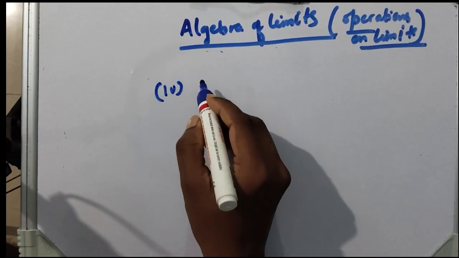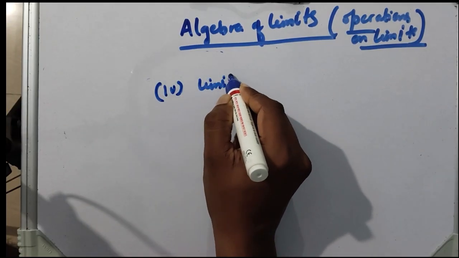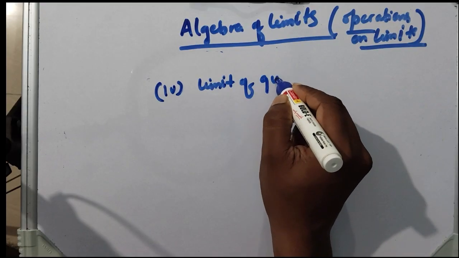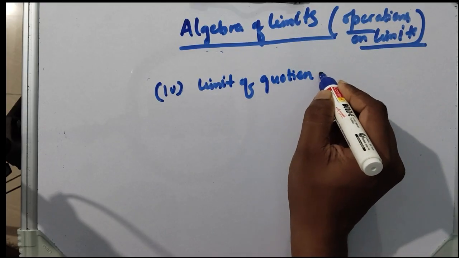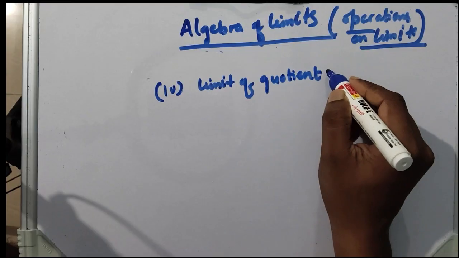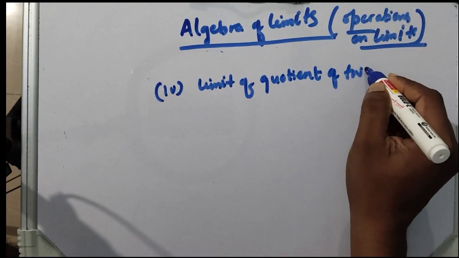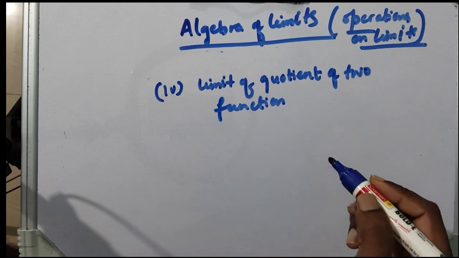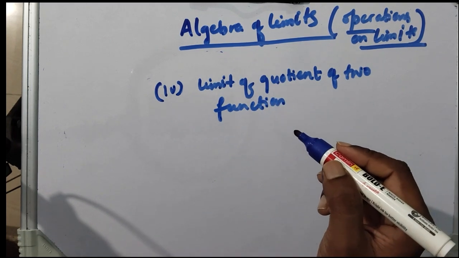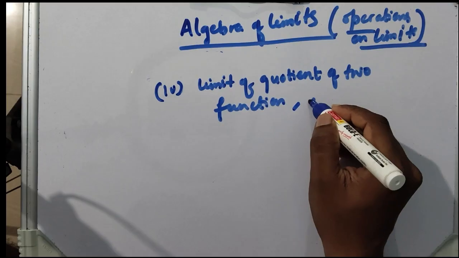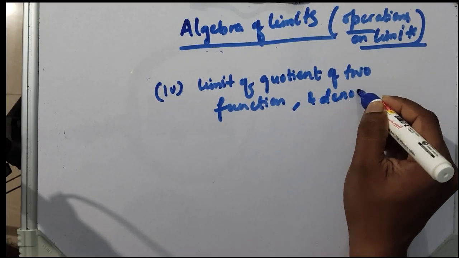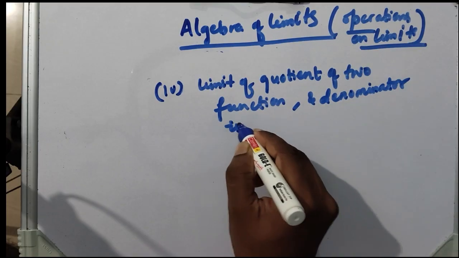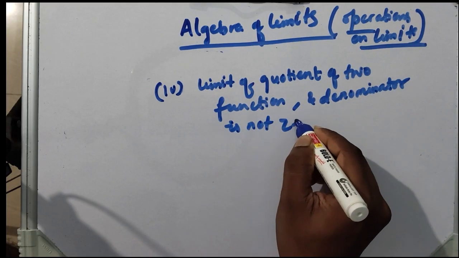Now fourth, the limit of the quotient of two functions, where the denominator is not 0.